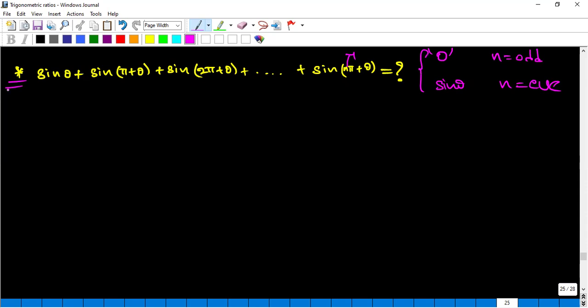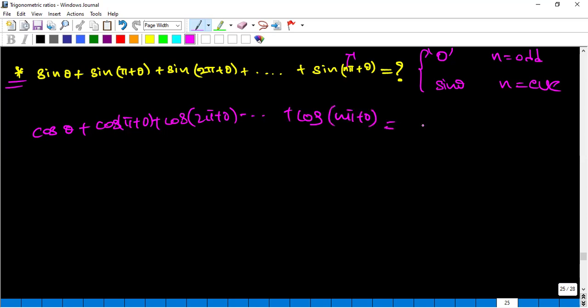Yep. Same like this we'll have for cos also. Cos theta plus cos pi plus theta plus cos 2 pi plus theta and so on plus cos n pi plus theta. Here also for n odd value, what is the result?